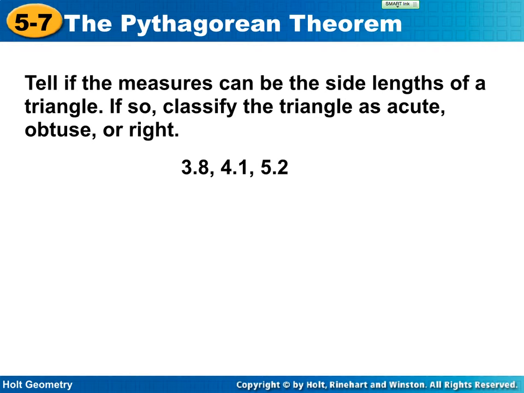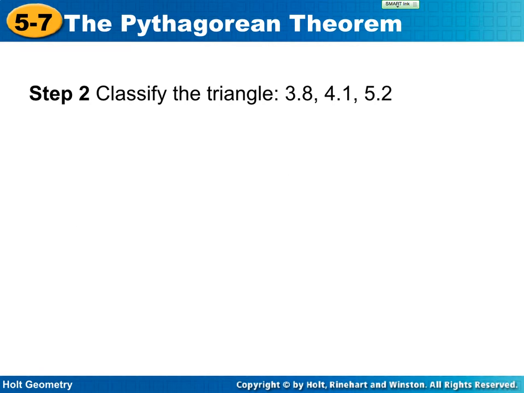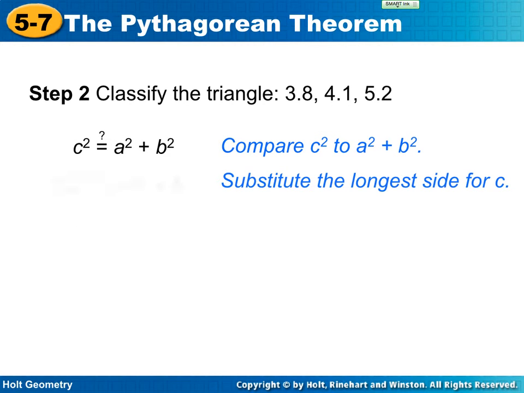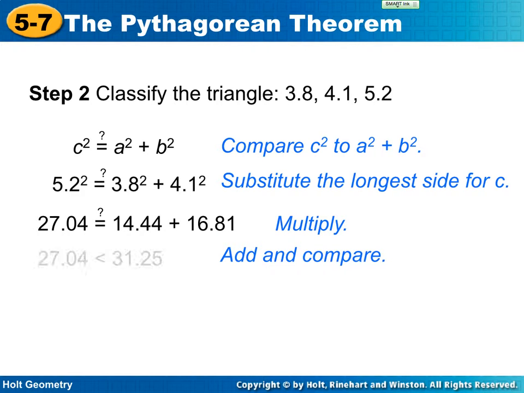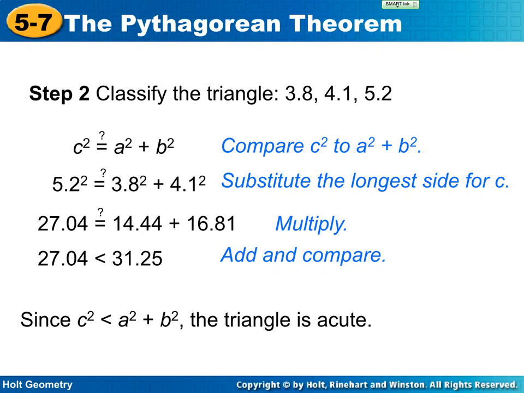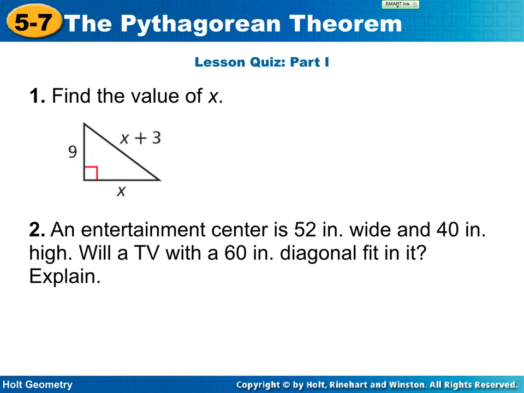So which one was the c value? 5.2 should have been the c value. It did make a triangle and it was, I believe, acute. Give me a thumbs up or down. Are you feeling you know what to do on those? Okay. I think we can probably end for today and talk a little bit about your cumulative test.